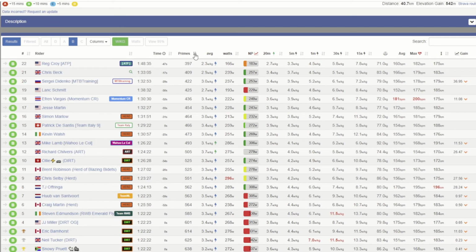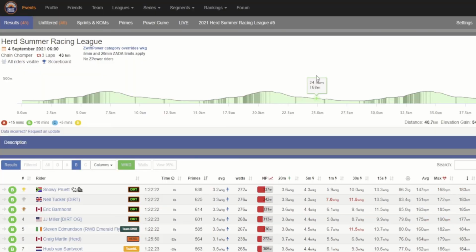So if we sort back by the primes, good luck, and I hope you can get some more information about how you performed and how others performed in the race, and how that worked out. So good luck.